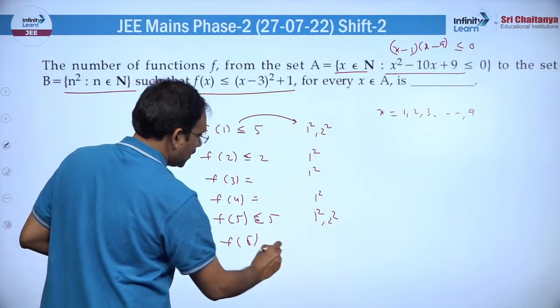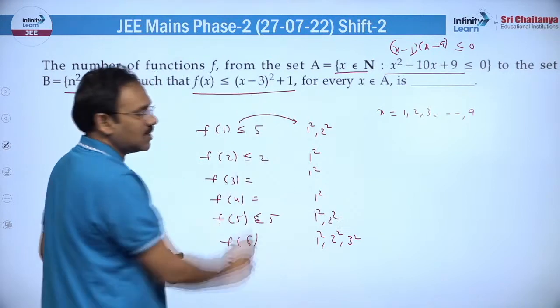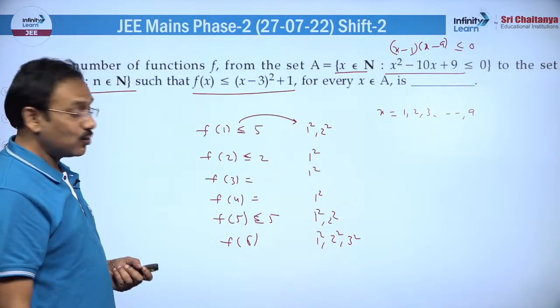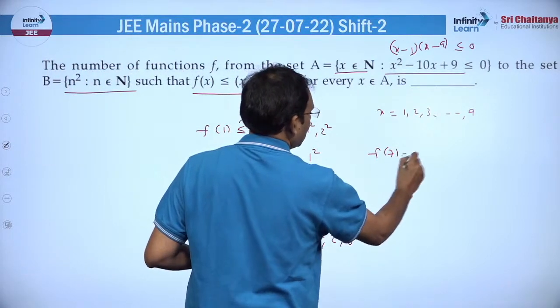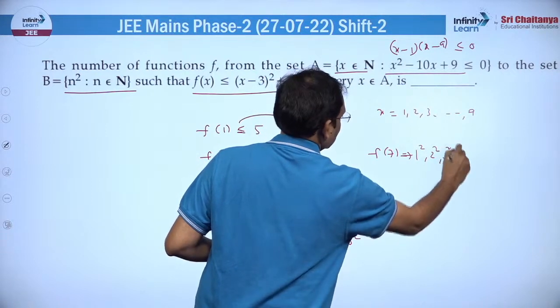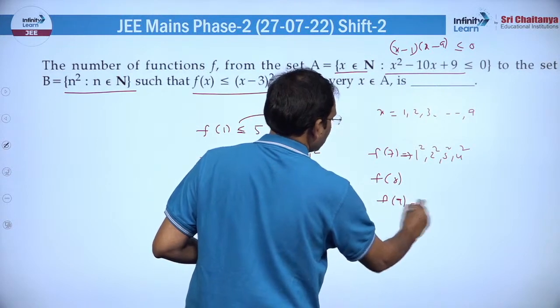Similarly, f of 6 you will get 1 square, 2 square, 3 square, because 3 square that is 9 plus 1, you are going to get 10, means you can take like this. Similarly, f of 7 you can map to 1 square, 2 square, 3 square, 4 square, f of 8 up to 5 square, f of 9 up to 6 square.